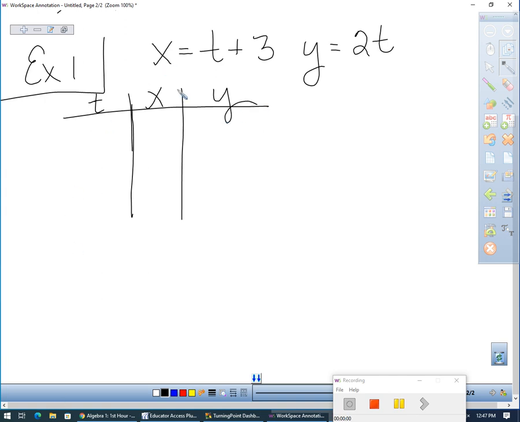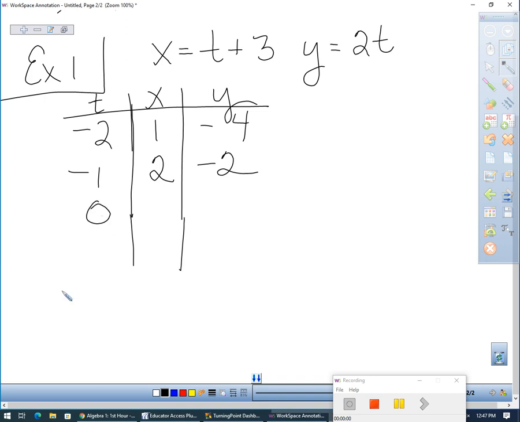So if we start by saying t is -2, if I plug -2 in for t, what do I get for my x coordinate? Awesome. If I plug -2 into my y equation, what do I get for my y coordinate? Good. All right. So now let's do -1. Plugging -1 into this beautiful equation, our x value is 2, and our y value is -2.